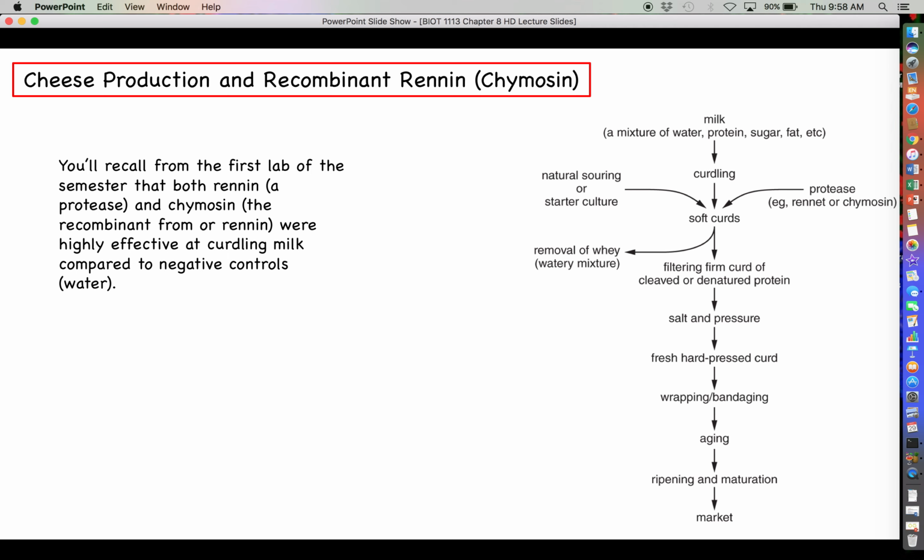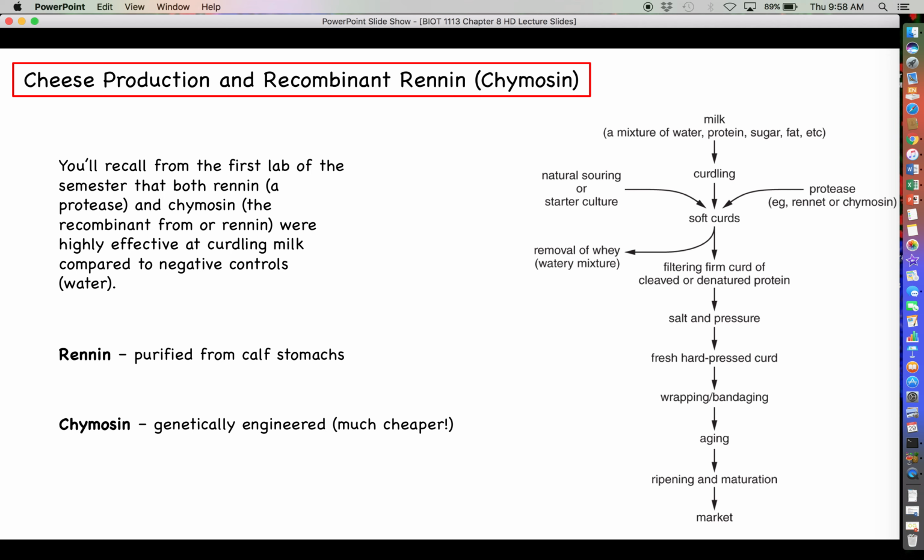Chymosin, on the other hand, is pretty much the exact same thing as Rennin, except it is made in a laboratory. It is actually the product of recombinant DNA technology. And you can see the benefit of this because extracting and purifying Rennin from calf stomachs is probably a time-consuming and money-consuming effort.